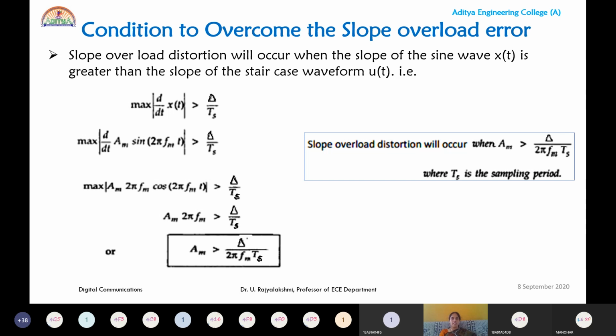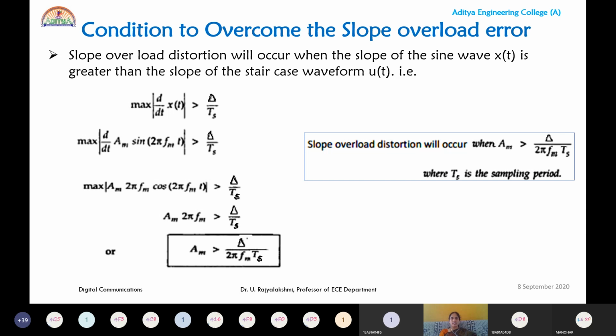So because we are taking the magnitude, you can get the cos magnitude as 1. So 2 pi Am fm will be the maximum magnitude. If it is greater than delta by Ts, you will get slope overload error. So when will slope overload distortion occur?